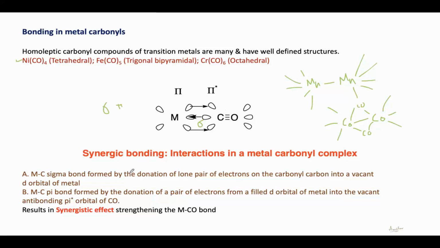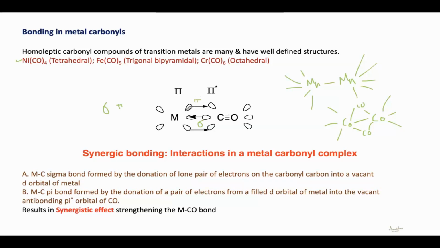Now the M-C pi bond is formed by the donation of a pair of electrons from a filled d orbital of the metal into the vacant antibonding pi star orbital of the carbon monoxide. Here it is the pi bond.